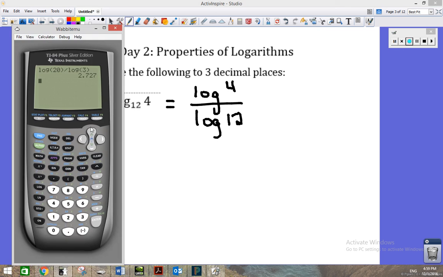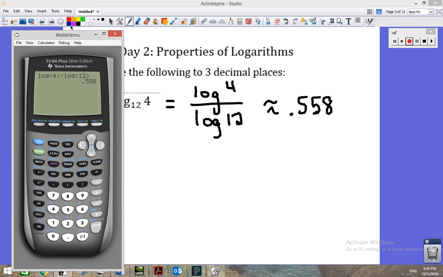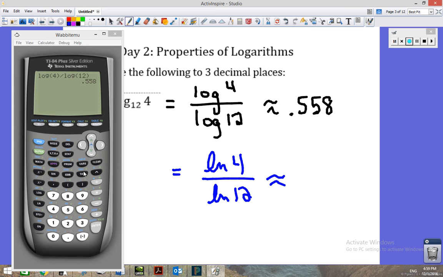So I come in on my calculator, and I have the log of 4, close the parenthesis, divided by the log of 12, and I get that to 3 decimals, this log base 12 of 4 is 0.558. Now, if I wanted to, I could have used natural logarithm as the ratio. I know that I could use the natural log of 4 divided by the natural log of 12, and I'm going to get the same answer.